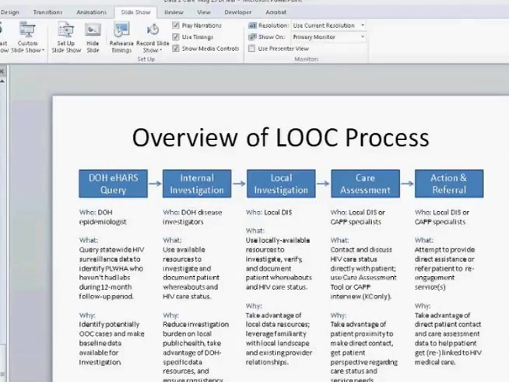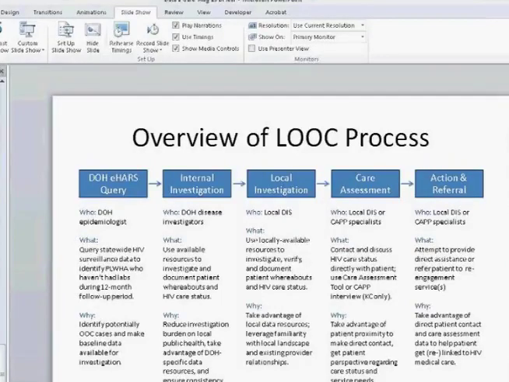I think we have to use DIS in some cases, especially if a person's never been in care. But we're trying to figure out how we can use some of our patient navigation sites in the community as well, and if we can share some of that loss to care information. For us, we have to have some information that a person was associated with that site at some point.